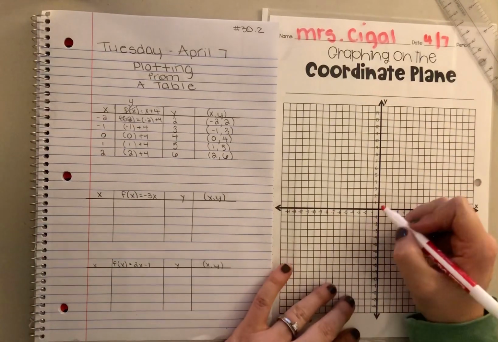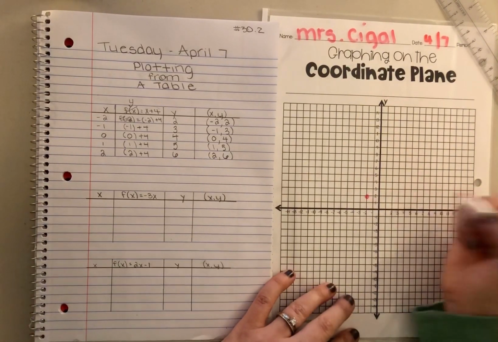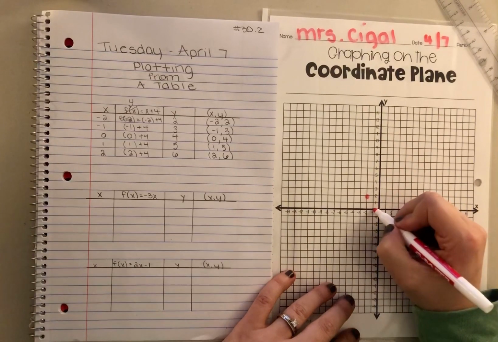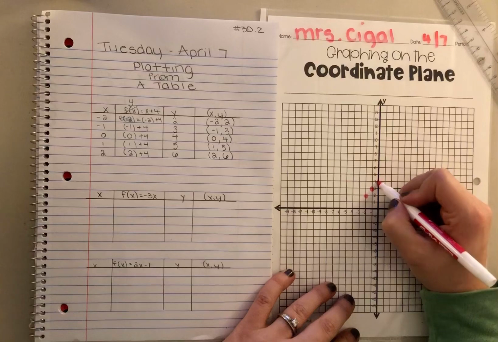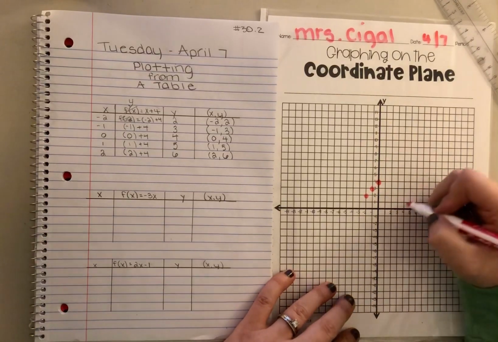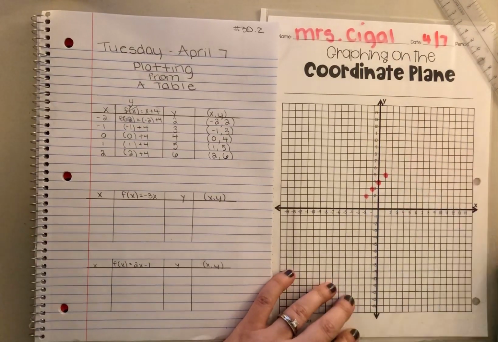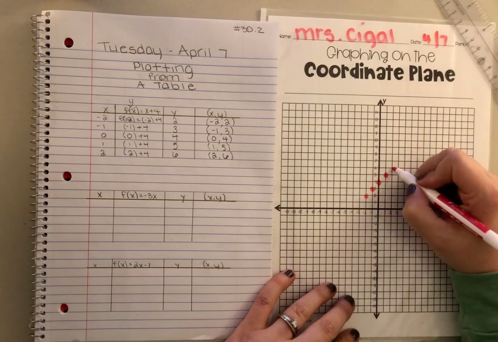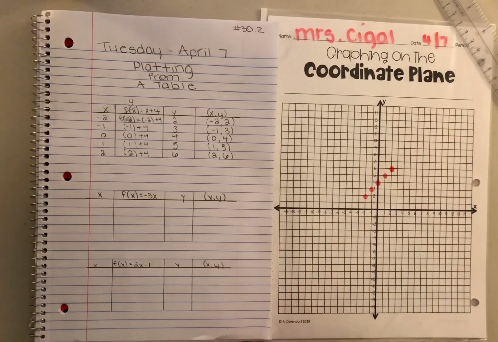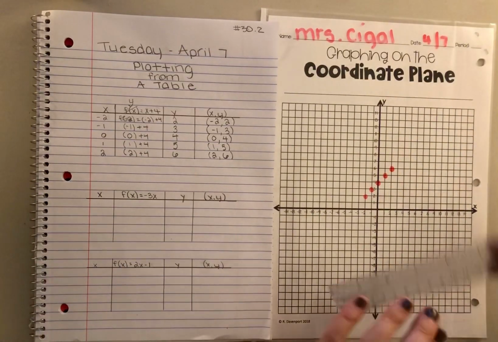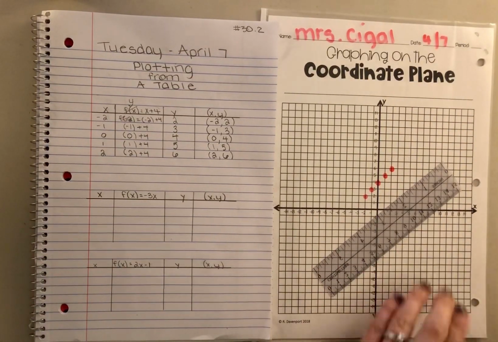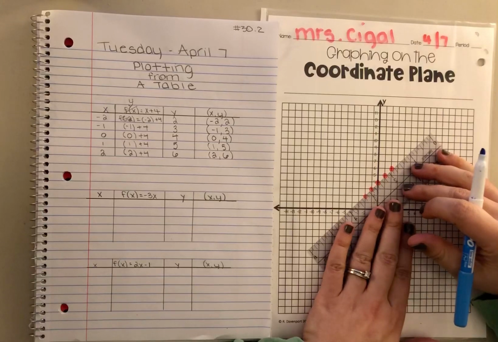So what I'm going to do is plot them. I'm going to plot -2, +2, -1, +3, 0, +4, 1, +5, and 2, +6. So there is our linear function. All of those points make what we can kind of see right now is going to be a line.